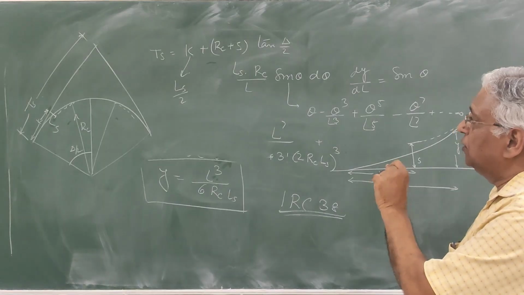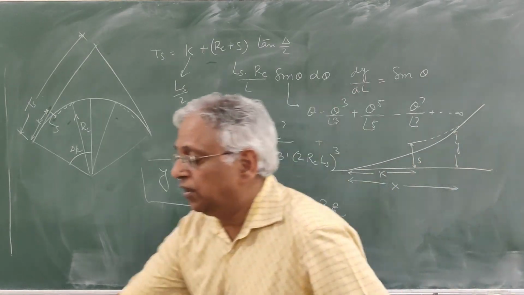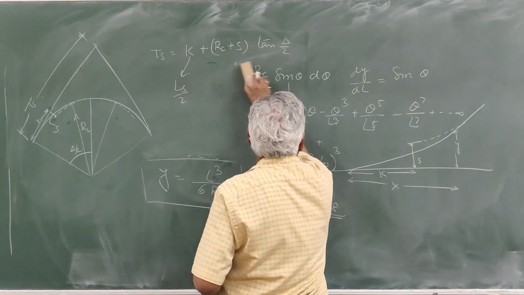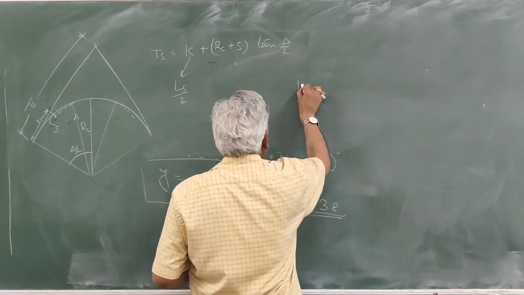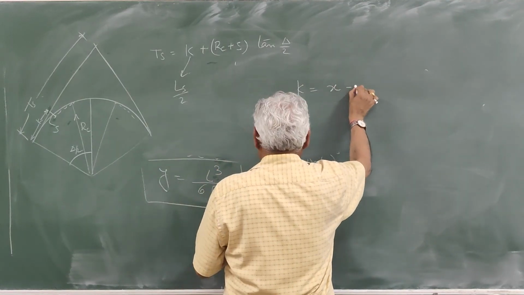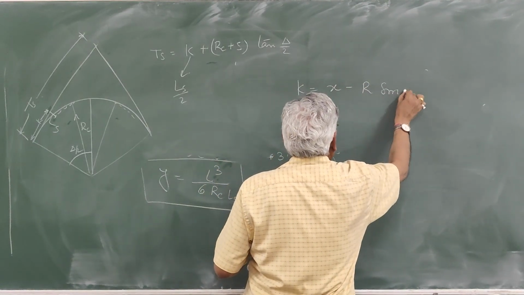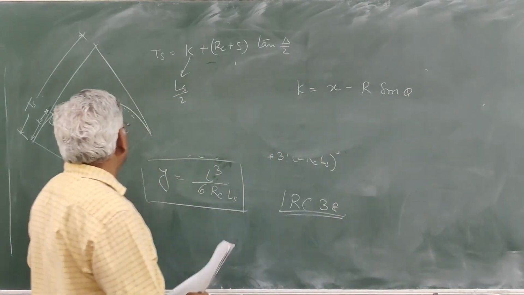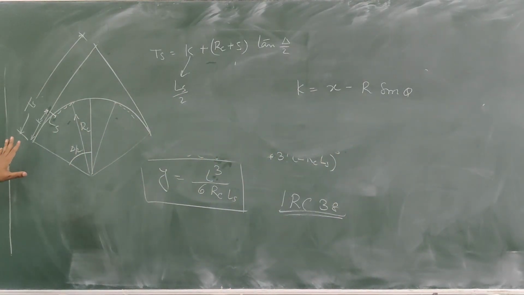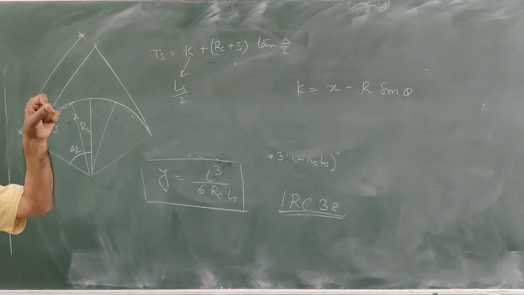But the actual value of k is given by this equation. K is x minus R sine theta. You can just see in this figure that x is taken along the tangent.